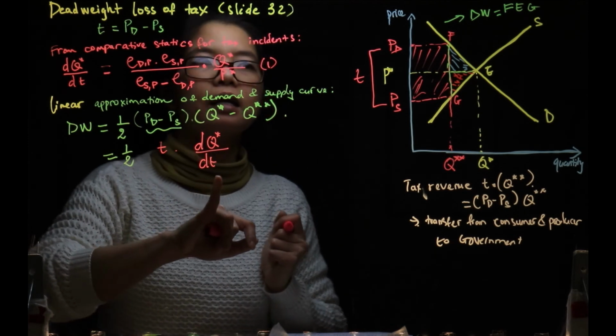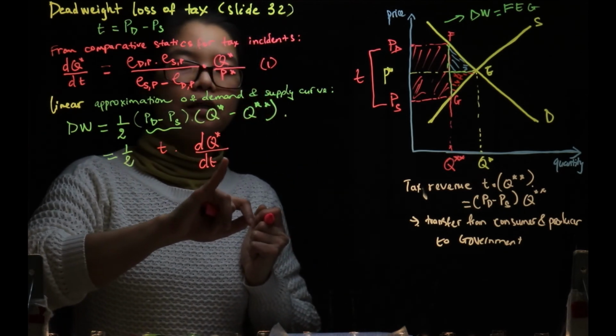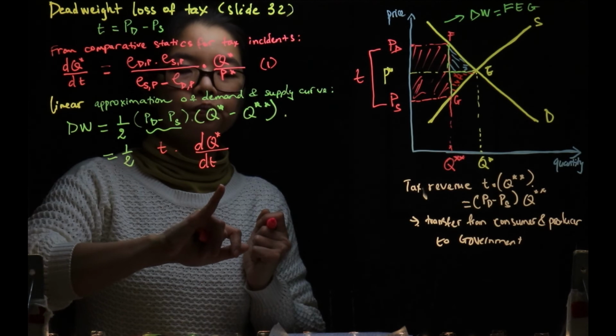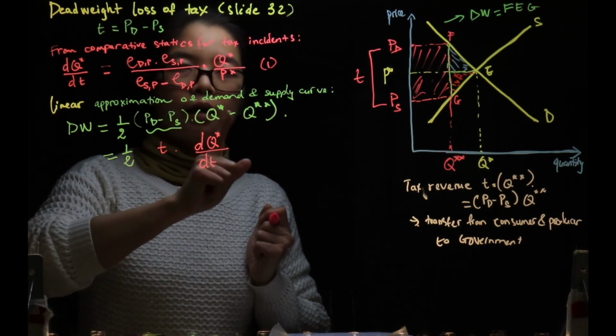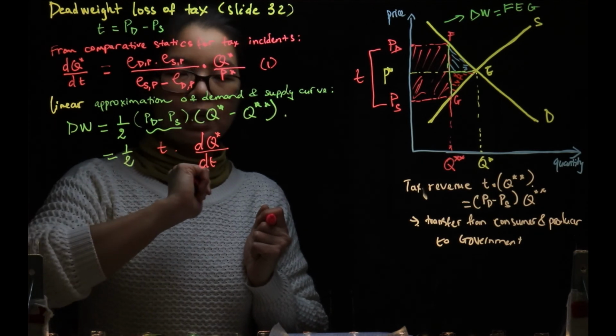So let's say the tax is 3 euro, and the quantity is 6 units less.